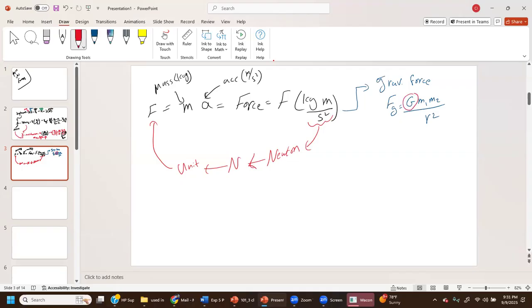And G is going to be called your gravitational constant, which equals 6.67 times 10 to the negative 11 meter cubed kilogram to the negative 1.